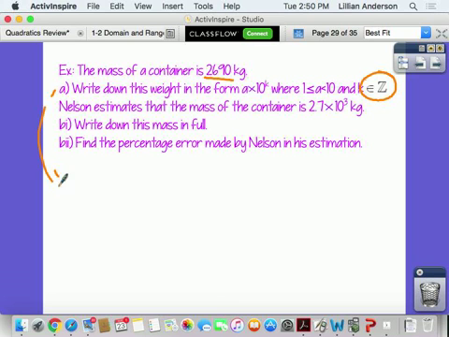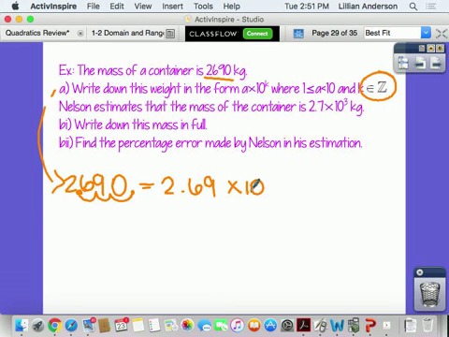Okay, so 2690, where's the decimal? At the end. How many times do I have to move it over? 3, so that is a number less than 10 but bigger than 1. And it's going to be times 10 to the what? 3. Very good.